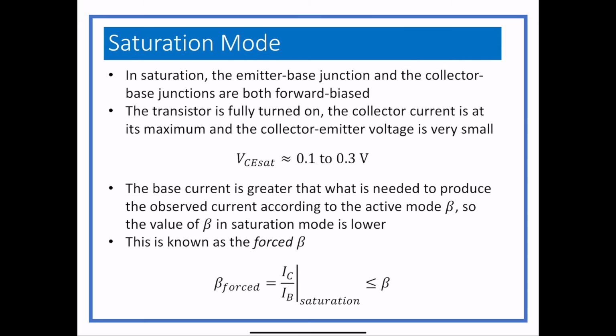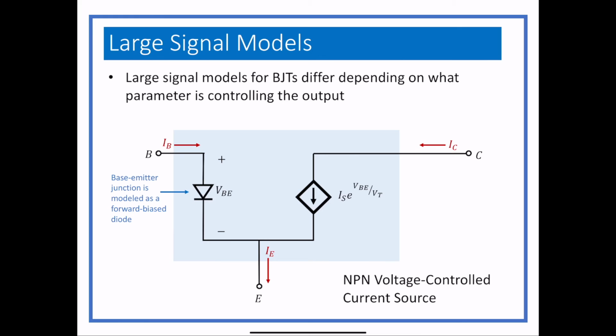We have several models, and we look at the small signal models later. We look at the large signal ones first. That's what we did with MOSFETs. And because we have a base emitter junction at the beginning, and it's going to be forward biased, we actually model that as a diode, because that's what it's like.